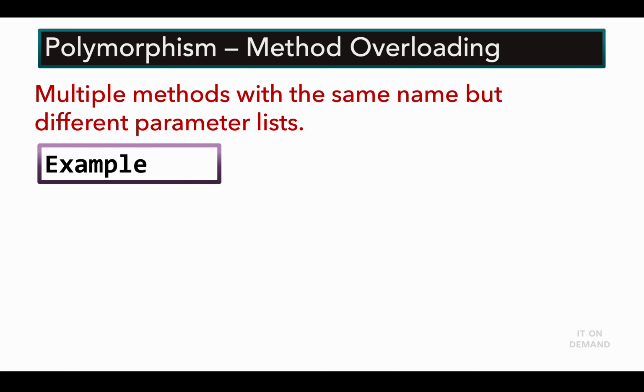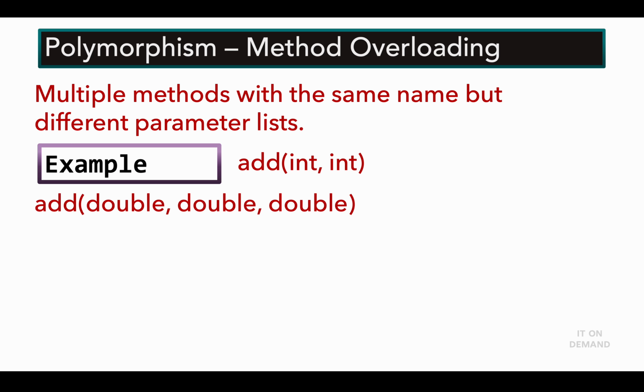So let's take an example here with this method, add. Notice that within the parentheses, we have two integer parameters, all right? If we want to overload this method, we can have another method here, add, and within the parentheses have double, double. Now, we have different parameter lists, right? We're not just looking at the number of parameters that we're taking in, we're also looking at the type of parameter we're taking in.